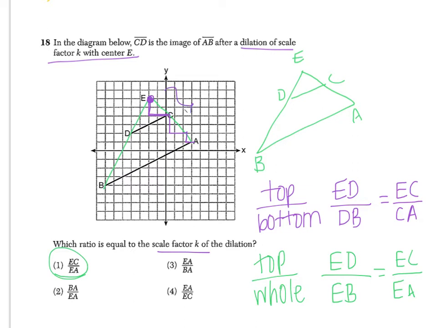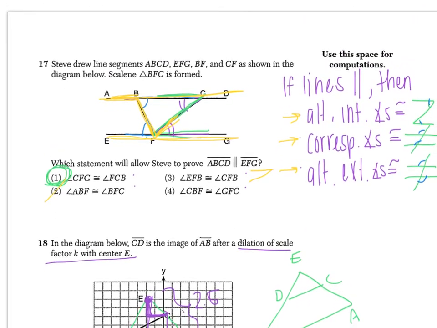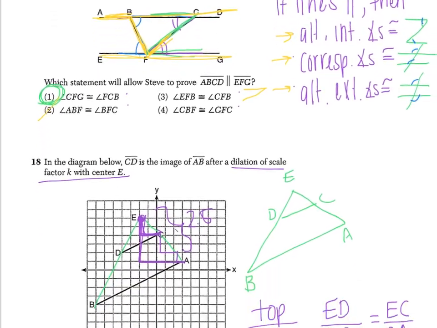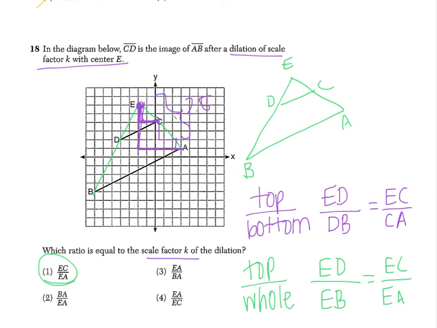So this is a scale factor of 2.5, which is the same as the relationship of EC, the original, to EA, the new. EC to EA. So our answers for this page are number 17 is 1, and number 18 is also 1.